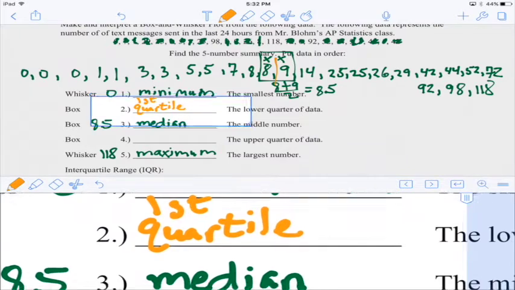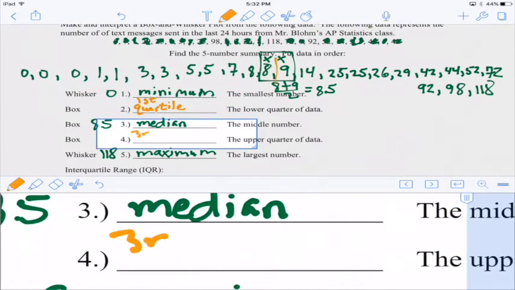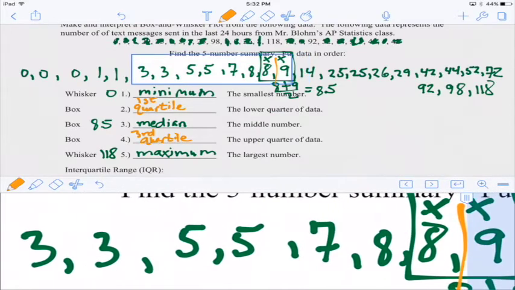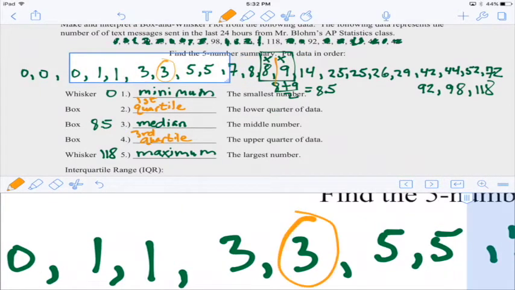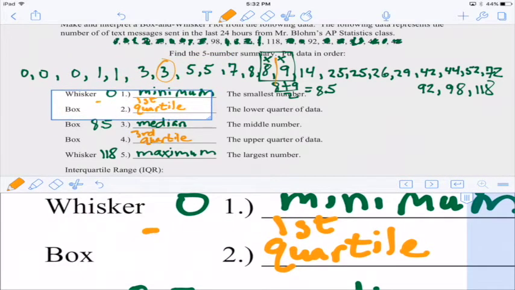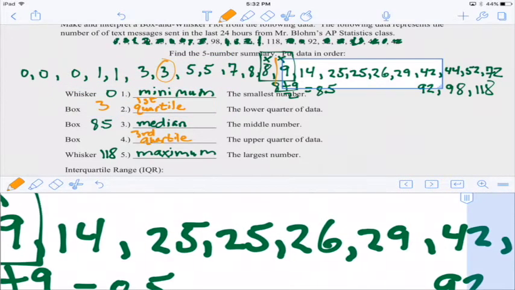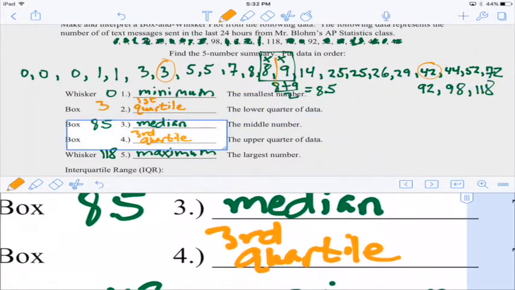This is my first quartile, and this is my third quartile. Since I have 13, I just need my middle number, which will be the 7th, which is 3, and the 7th from here, which is 42.